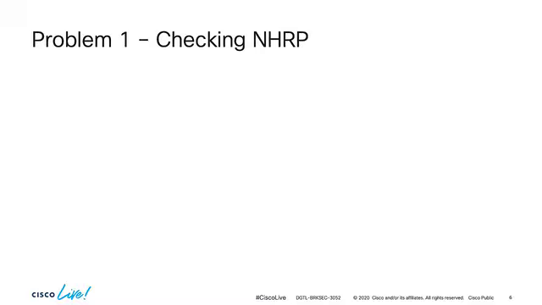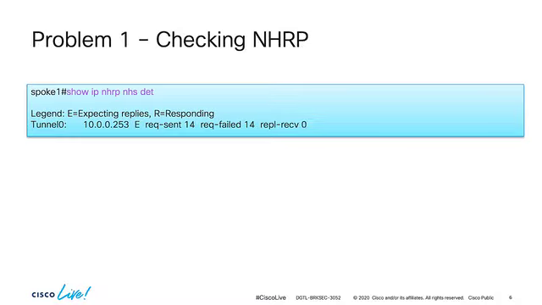So we move on to the next module, which is the GRE and the NHRP module. In this case, we know that the tunnel interface is up because the tunnel protocol says up and up. So we would look at the NHRP mappings. In this case, we would use the show ip nhrp nhs detail command.